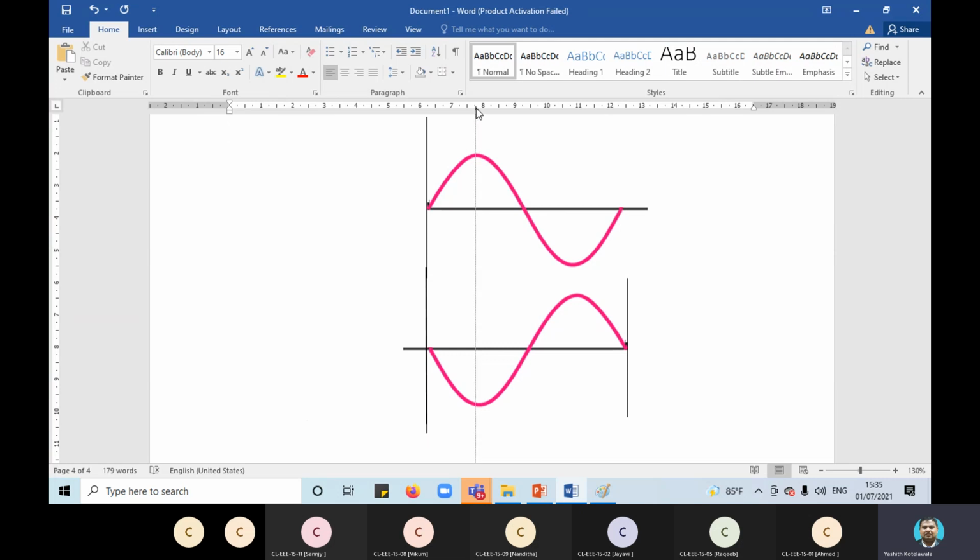If I take the tab line further, at a point like this, again, in the first wave you see a negative peak, assume negative 5. In the second wave, the phase shifted wave, you see positive 5.